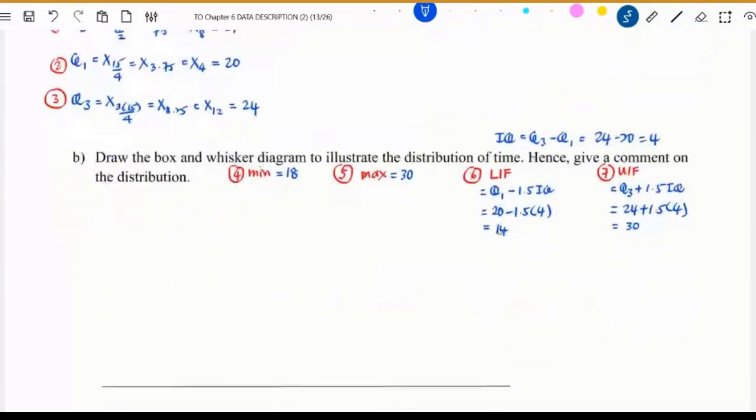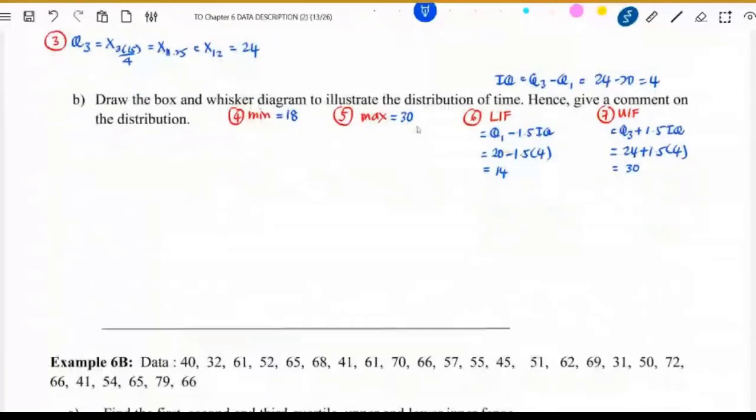So to plot it, so let's say I'll make the scale to be 10, 15, 20, and so on. So let's say I'll put here 10. So scale ataupun box plot mesti pakai pembaris. Okay, so we have it 15 here. 20, 25, 30.